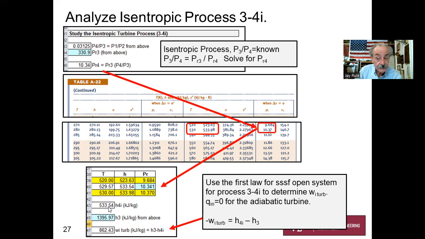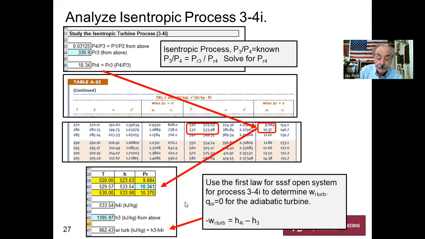You might in a test situation, okay? But H4 isentropic, 533.54. Okay. We'll write down H3 again from above to solve for the isentropic turbine work, W dot over m dot, using the first law, Q, 0, minus W isentropic turbine equals H4 minus H3, H out minus H in.